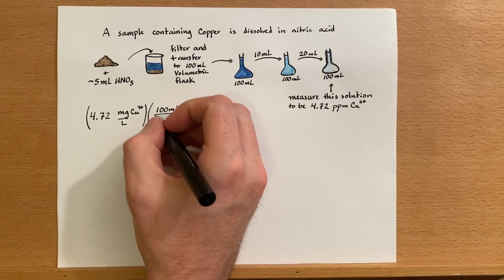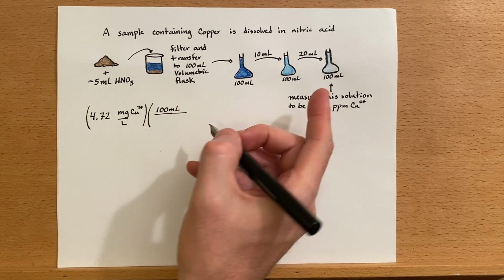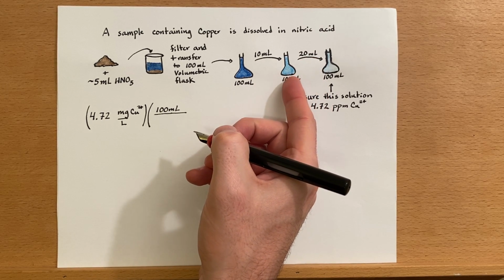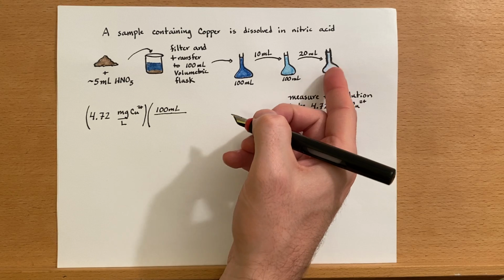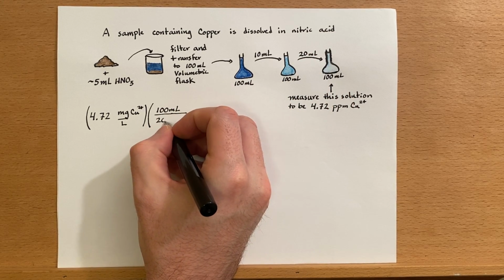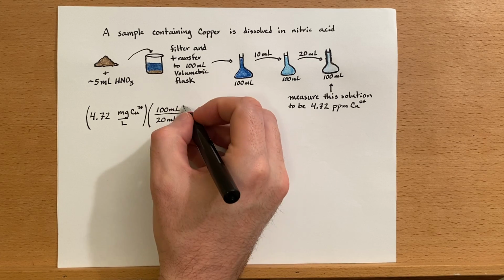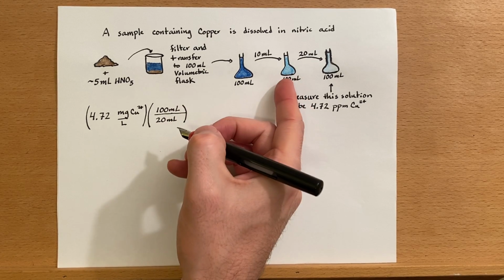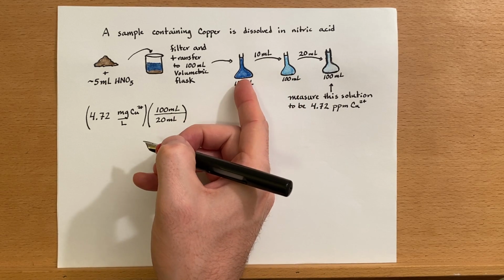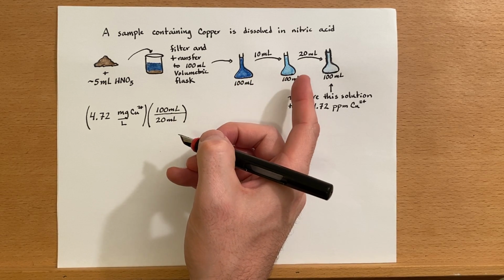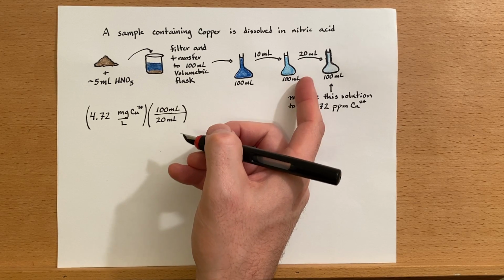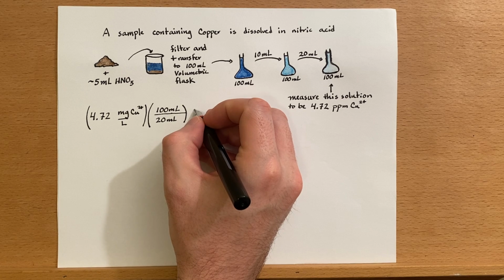All right, so here's the 20, and I want to know what the concentration is in this flask right here. I took 20 milliliters, put it in there, so I'm going back into the 20 milliliter volume. So there we go. There's the concentration in this flask. Now I want to go from here back to there. To do that, I multiply by the total volume of this flask, which is 100.